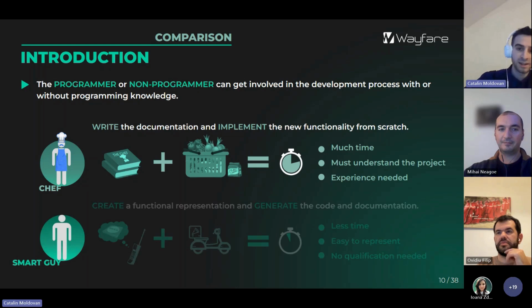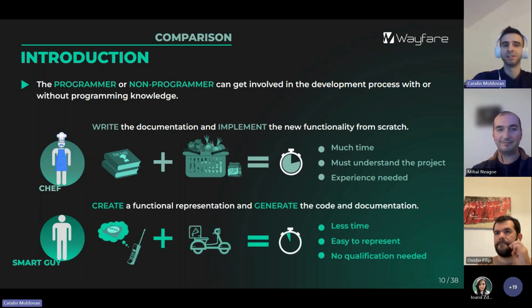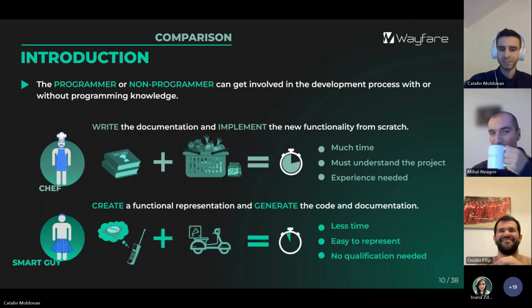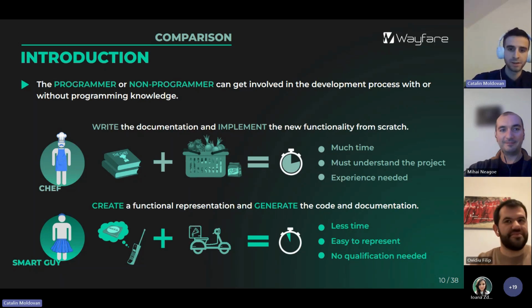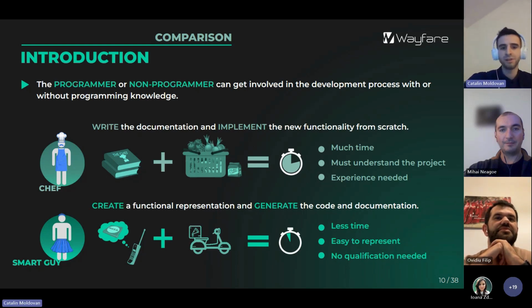And on the other side, we have the smart guy. This smart guy can be a programmer or even a non-programmer. When the smart guy wants a pizza, he can just order one from the nearest restaurant. Let's say that they already have some pizzas ready and the delivery is fast.